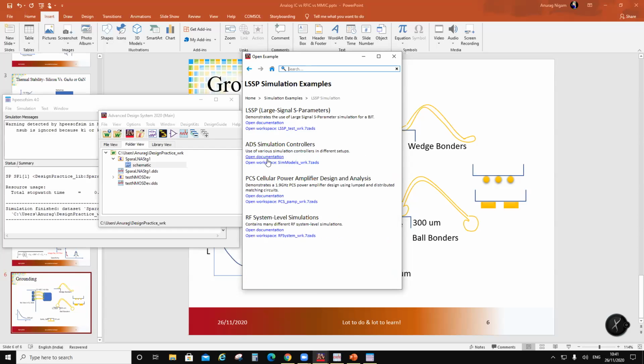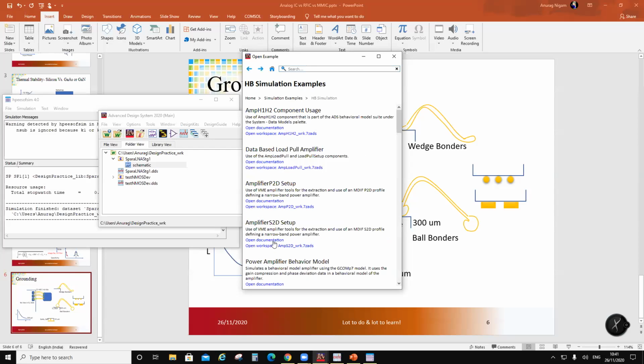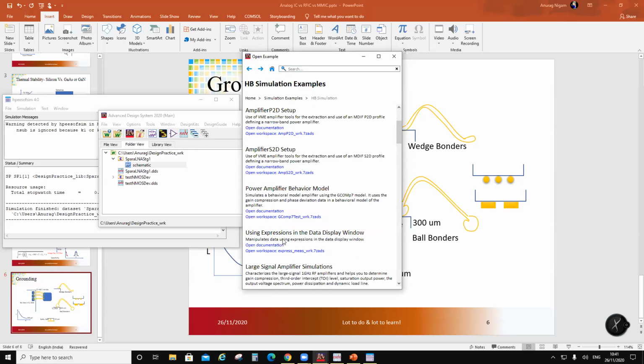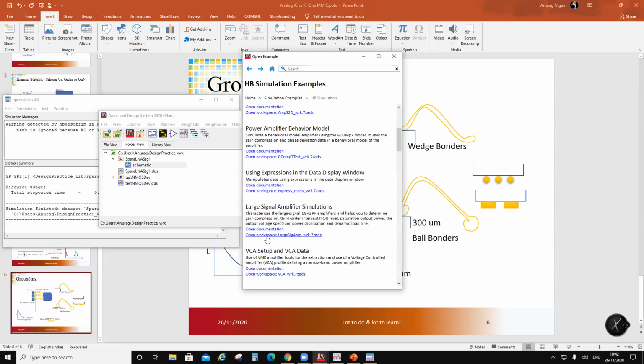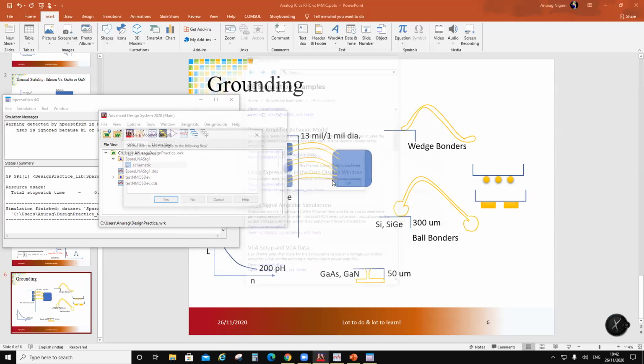And is there a power amplifier? PCSPA, no. HB simulation. This is modeling, this is load pull, and large signal amplifier. Maybe this one. Yeah, let's open this.